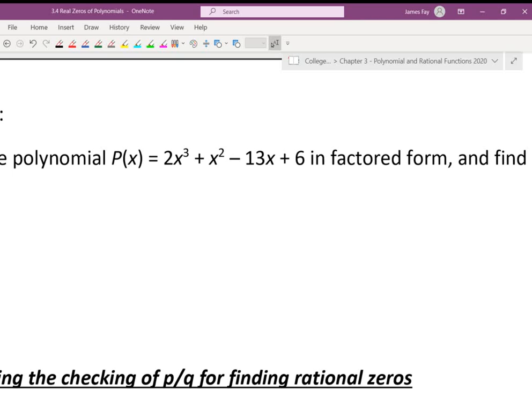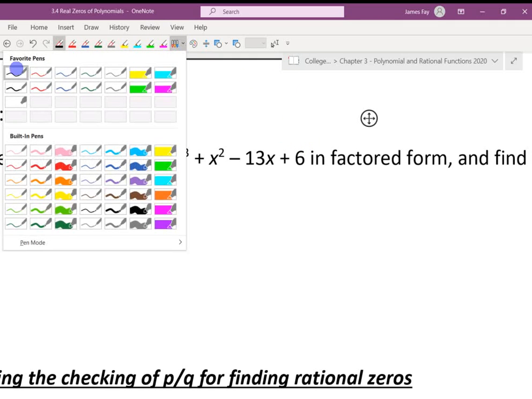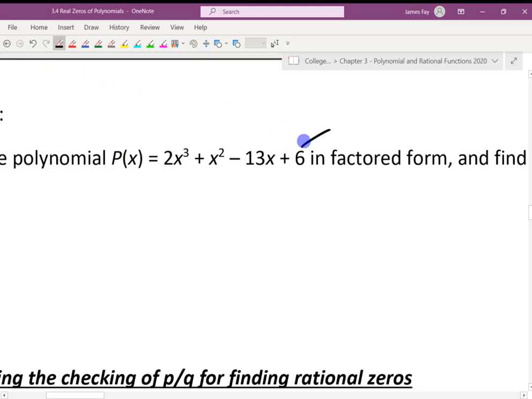6 only has 4 factors. So I'll try to keep things in that ballpark, so you can demonstrate that you know what's going on, but we're not wasting our time writing a list of possible P over Qs that's 15, 30 terms long. So the first thing you're going to do in this process is look at that term right there and find the factors of it.